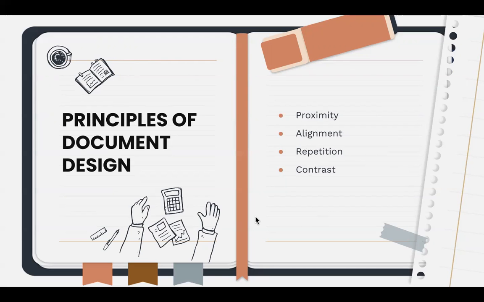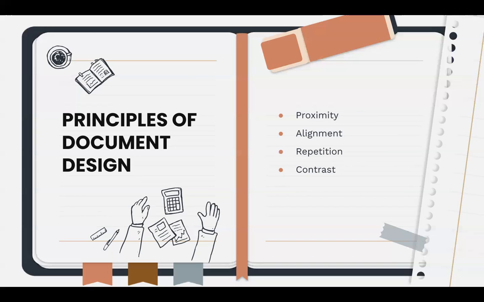When you are going through design, you want to pay attention to these four main principles of document design. One is proximity. Items that are near each other on the page tend to be associated with one another by readers.